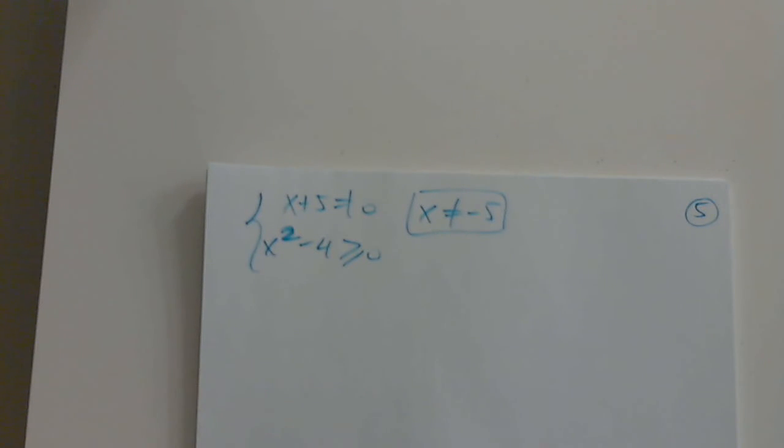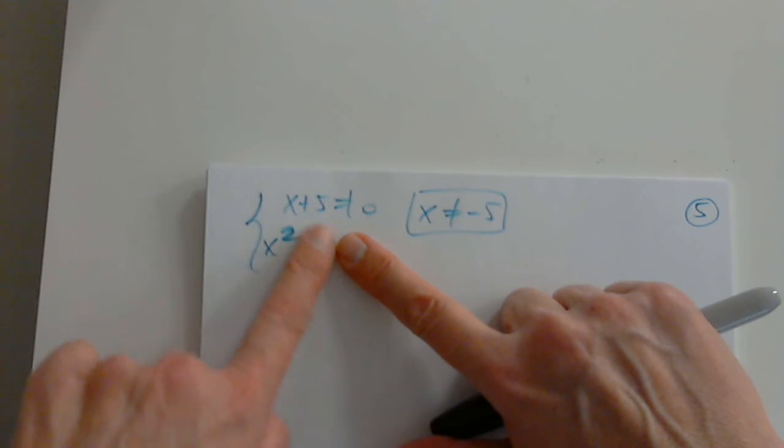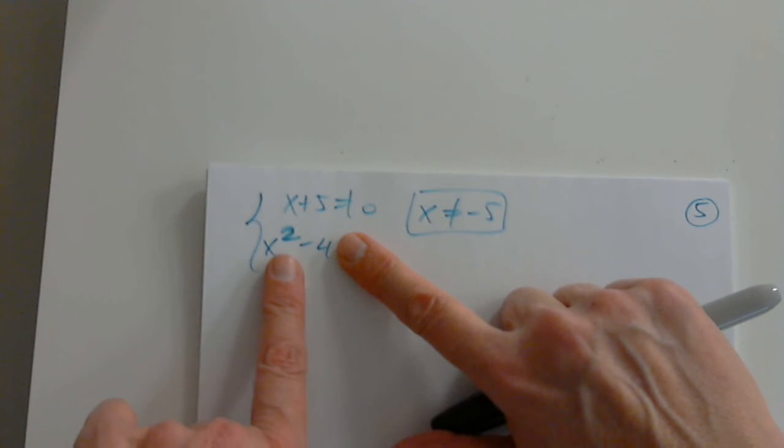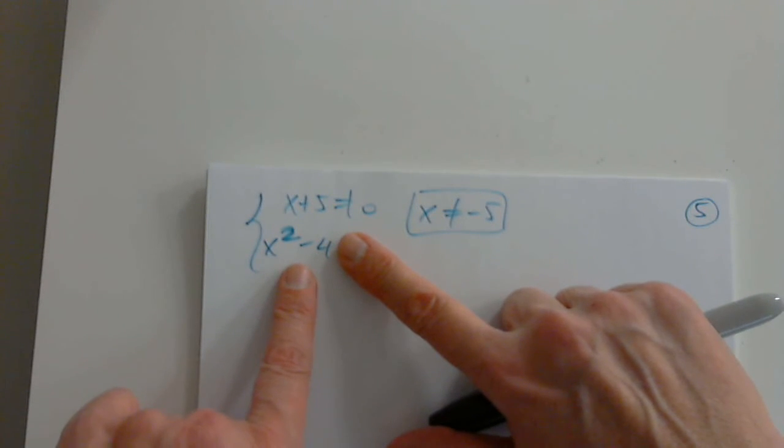But what type of inequality is the second one? What other type of expression is this? How do we call it? It's a quadratic expression. I agree.